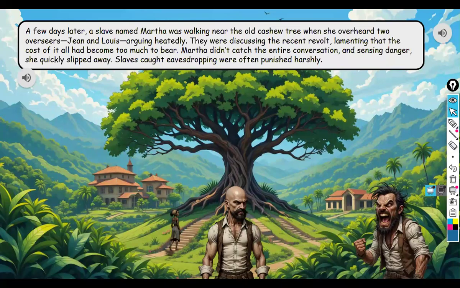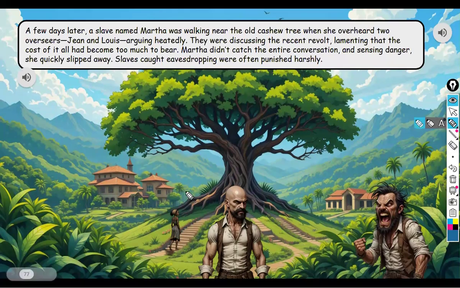All right, so it seems that these two guys, Jean and Louis, are arguing. It seems that they have something to do with the revolt, but it's still a sort of mystery. Like, what did they do to cause the revolt? And of course, Martha is the protagonist of the story there. She's in the background, but she didn't hear the whole story.